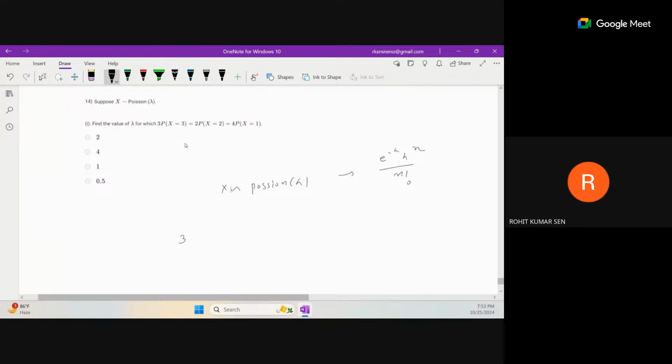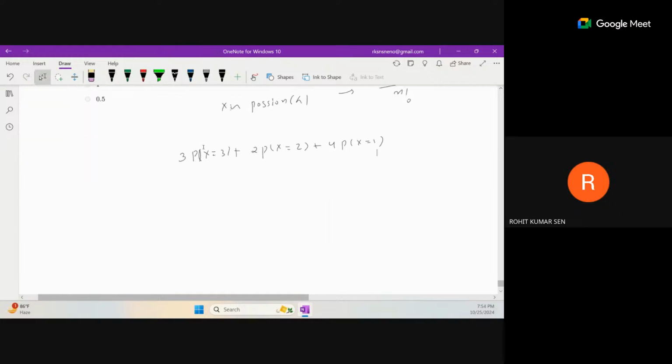What is given? 3 into probability of x equal to 3, plus 2 into probability of x equal to 2, plus 4 into probability of x equal to 1. So just write it.